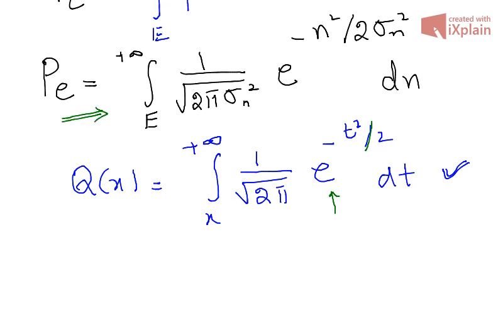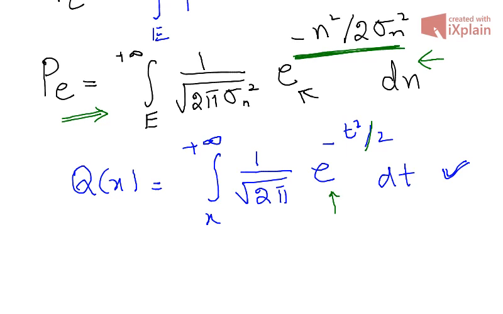We have to change the variable of this integral in such a way that this exponential term becomes the square of the variable over 2. So this is our target now. We have to choose such a variable. The rest would be okay, everything will be perfect then.